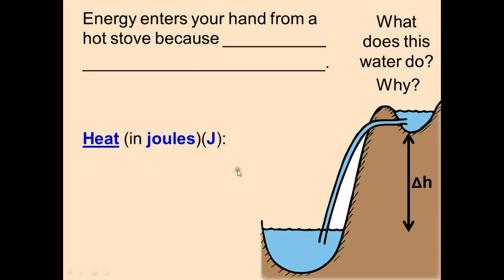Always remember, hot to cold. Just think of how water flows down a river or downwards because gravity pulls it down. So energy enters your hand from a hot stove because the stove is hotter or warmer than your hand. So the heat goes from hot to cold and goes to your hand.